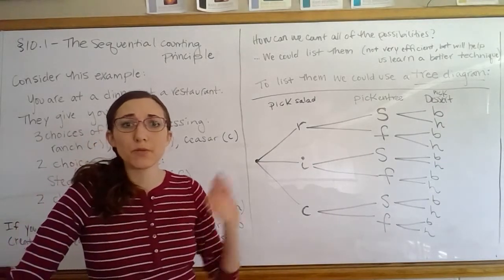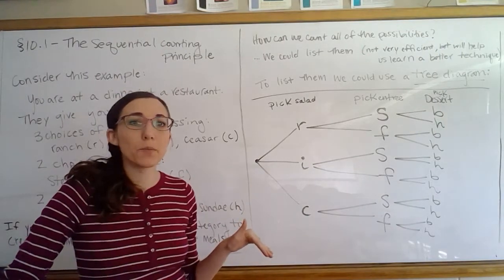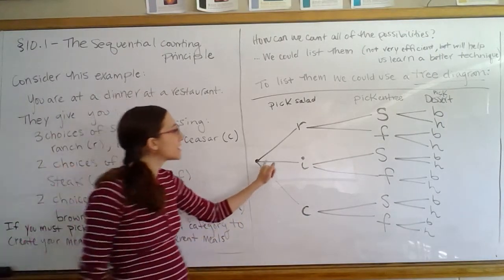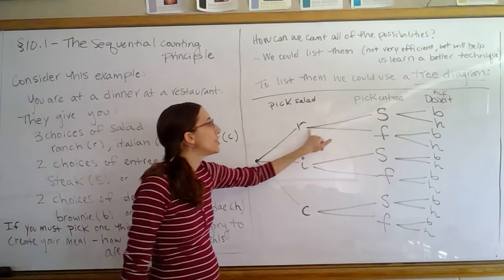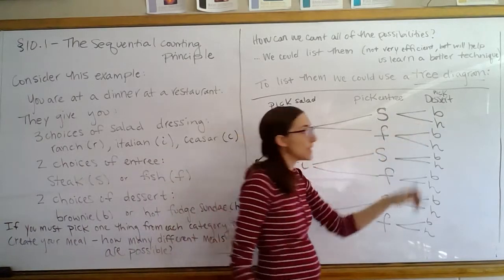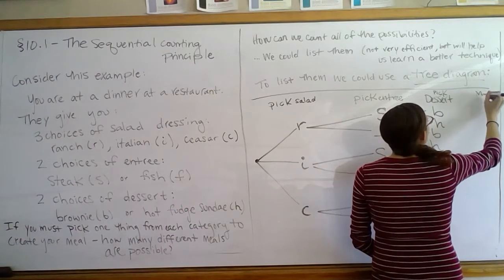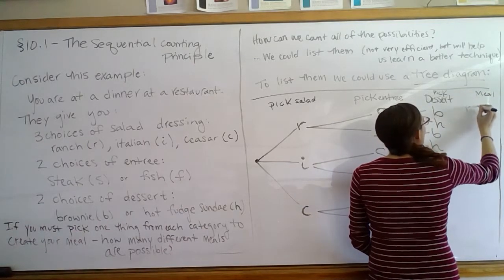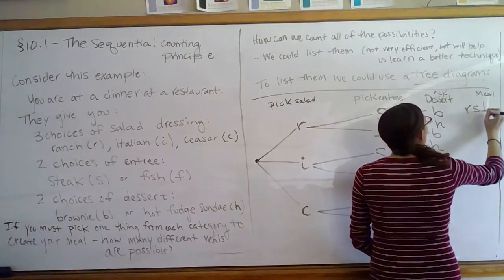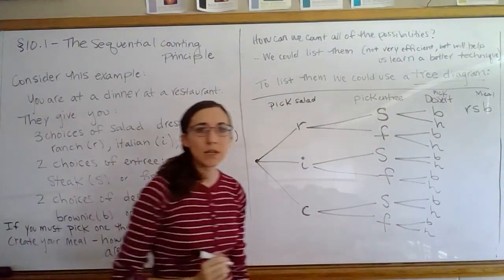And what we can do is read them by going through the different branches. If I follow this very top branch, I chose ranch, steak, and a brownie. So my final meal would be ranch, steak, brownie.